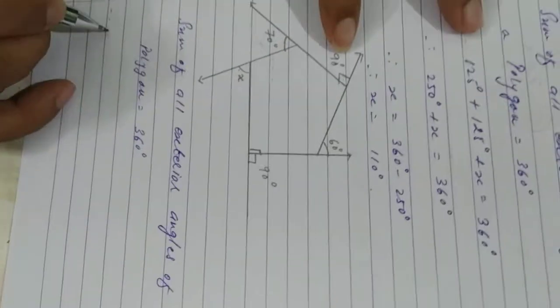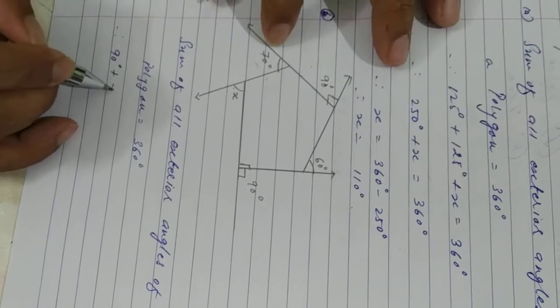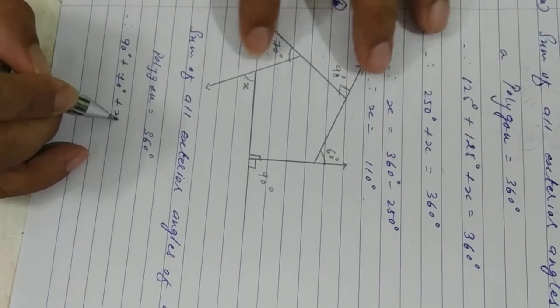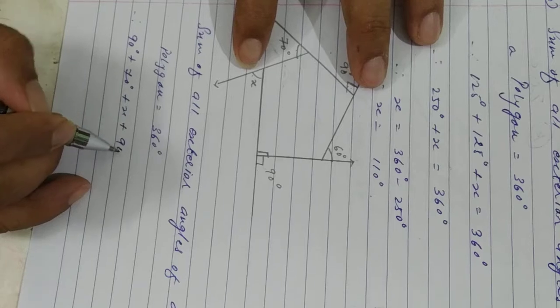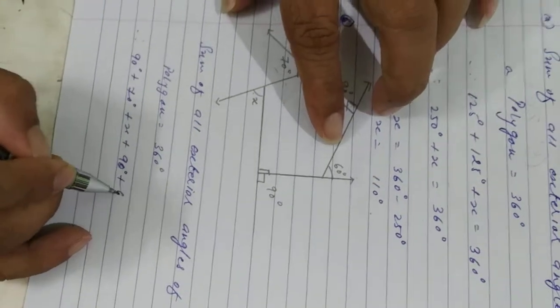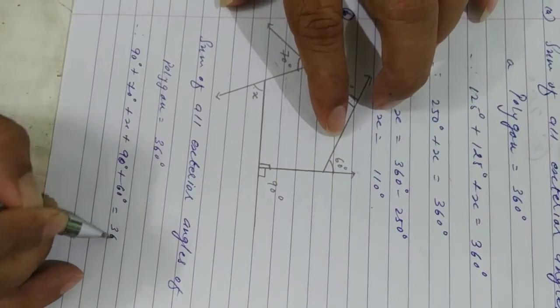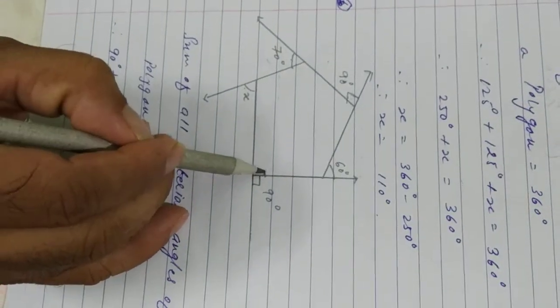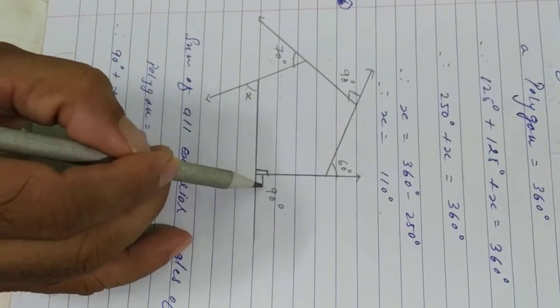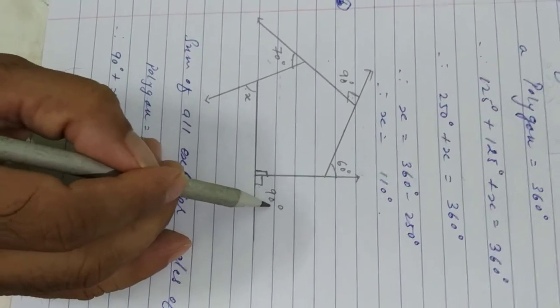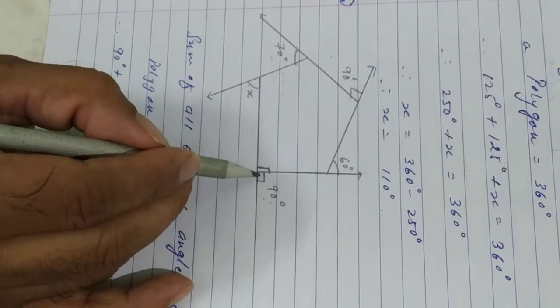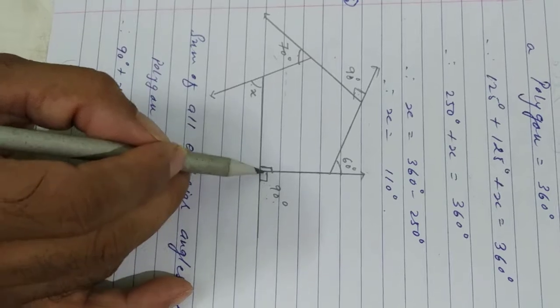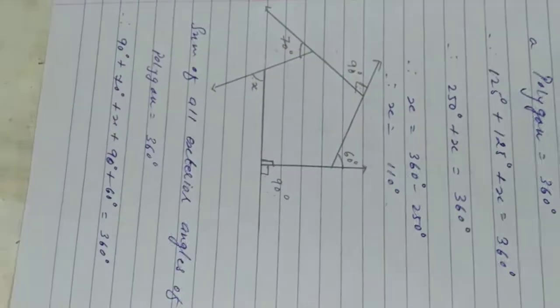Therefore, see: 90 degrees plus 70 degrees plus x plus 90 degrees plus 60 degrees is equal to 360 degrees. See, I have already explained over here, right? It's a right angle, so its exterior is 90 degrees, because it's a pair of supplementary angles, a linear pair. Understood?